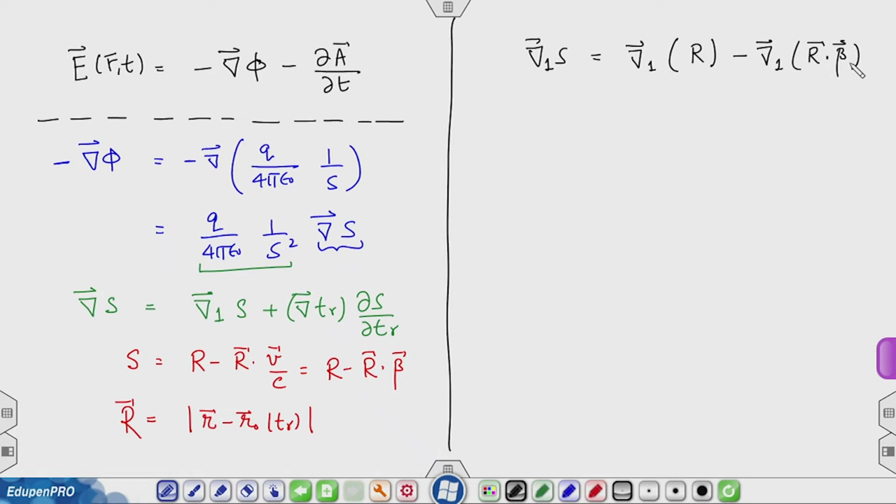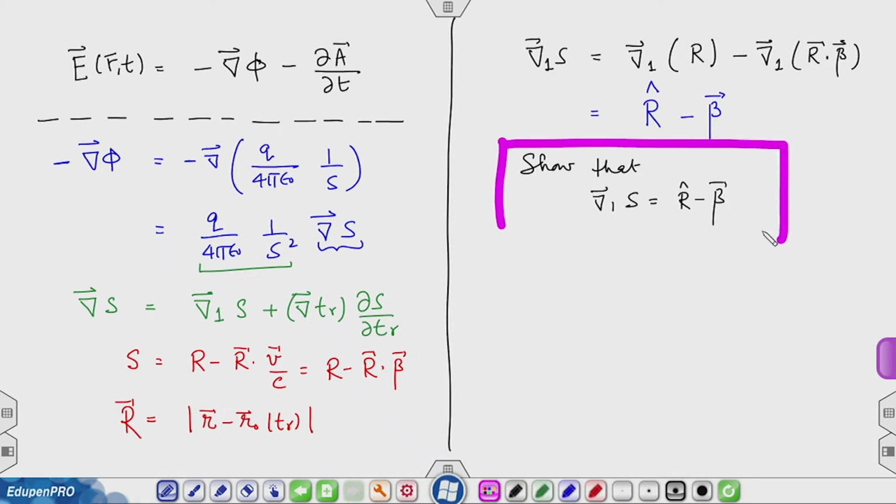Beta depends only on TR, so del 1 does not operate on that. And this comes out to be R unit vector minus beta. I leave this for you to show. Quite a simple calculation, but you must do it. So, we found grad 1 S.